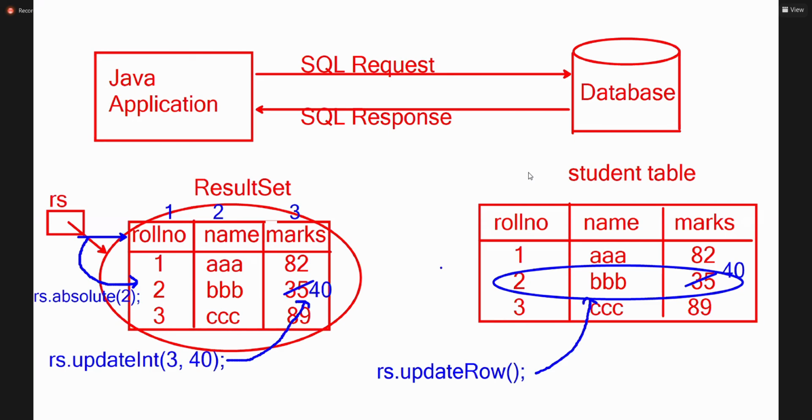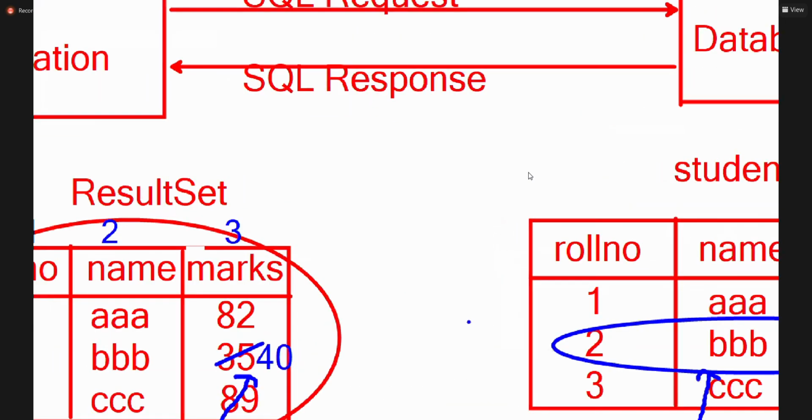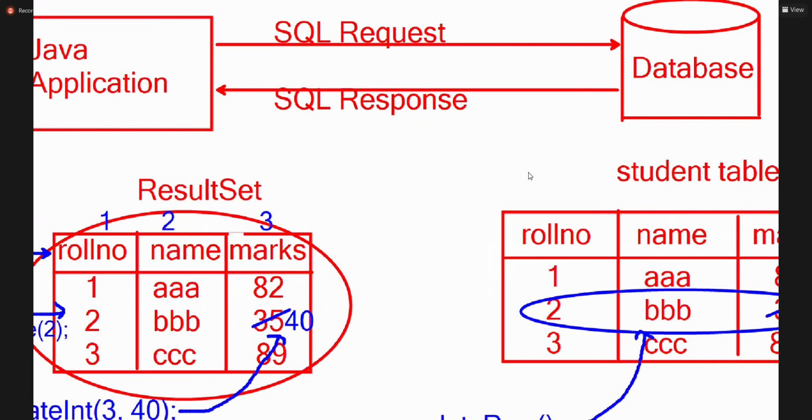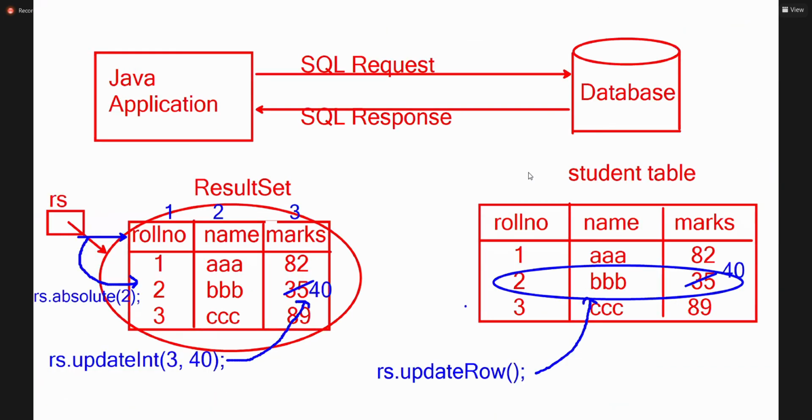If you don't write update row, the result set is updated, but the database is not updated. Here just rs dot update row is there.